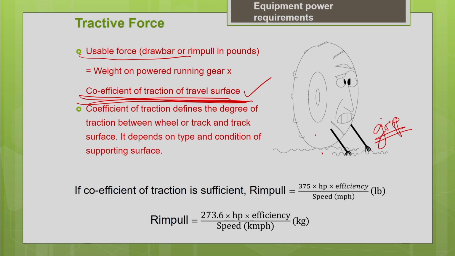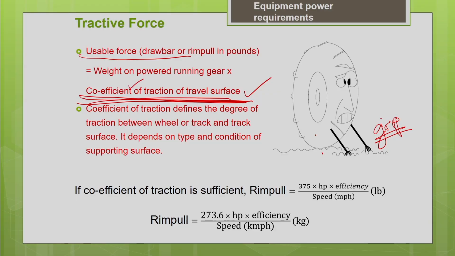For a concrete surface, an asphalt surface, a snow covered surface, or a muddy surface, I can get the coefficients of traction from the literature. So depending upon the traction, the usable force is going to vary. The total usable force which is available depends upon the traction. If you have better traction, more power will be converted into usable force.